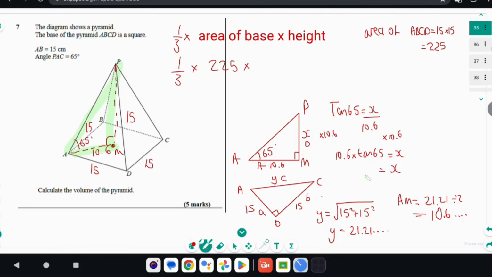X is 22.74 as my height. So 22.74 times 225 times a third. Volume of the pyramid is 1,706 centimetres cubed.